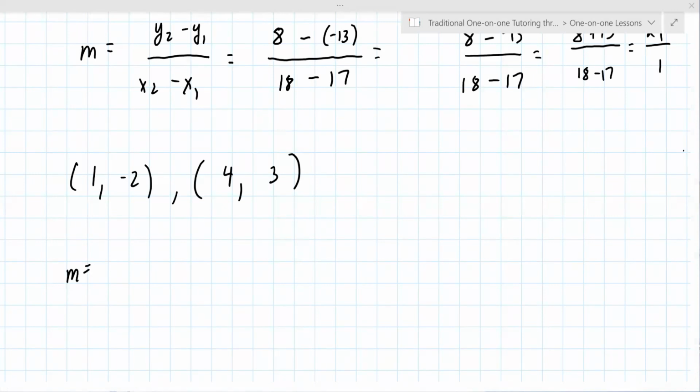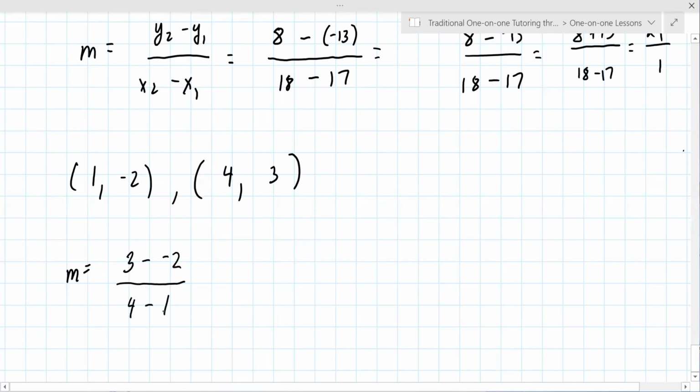All right. I know, 3 and -2 and 4 and 1. Right, but you've got to write it. So it's 3 minus negative 2 over 4 minus 1.